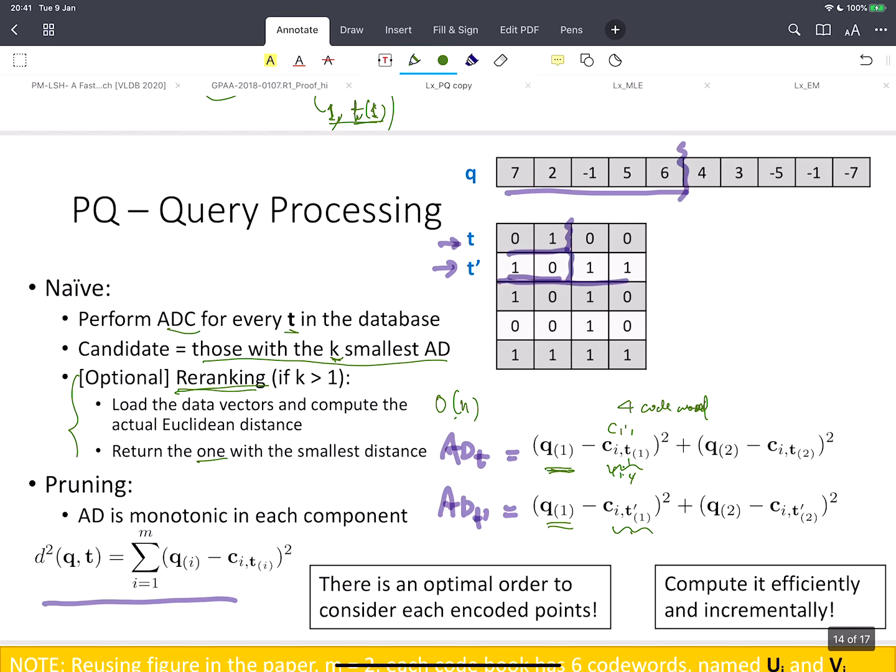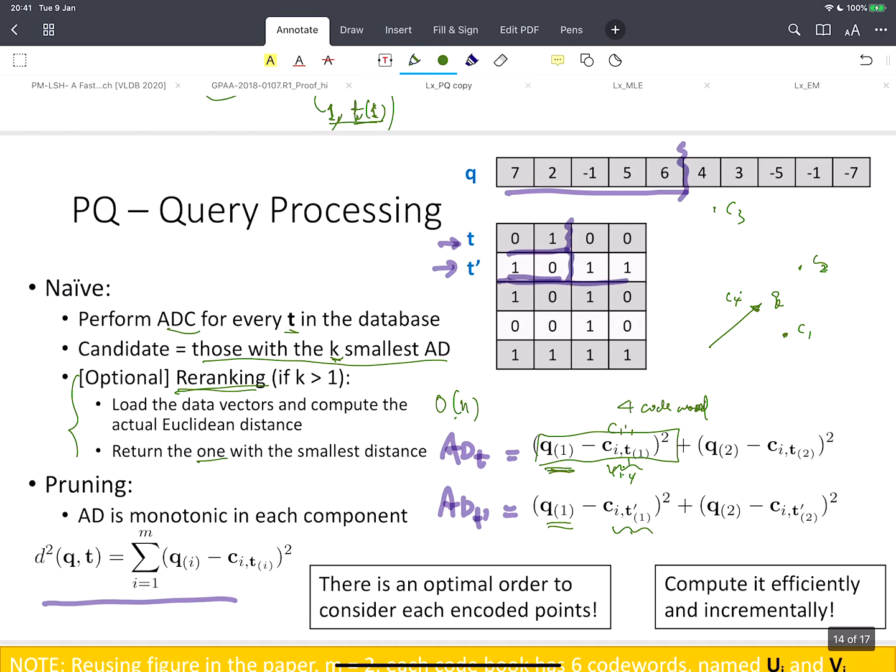you can actually sort all the code words according to this distance with respect to q. In a high dimensional space, for example, this is our q, and you have, let's say, C1, C2, C3, and C4.